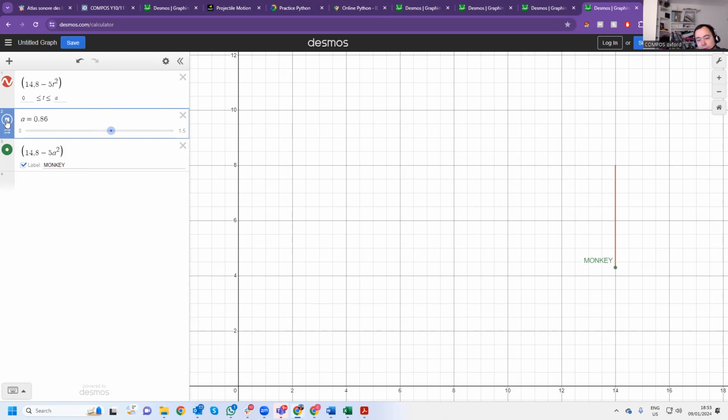Okay, so the monkey falls. Let's say the hunter is at the same height, at the same level, and the hunter is shooting horizontally.